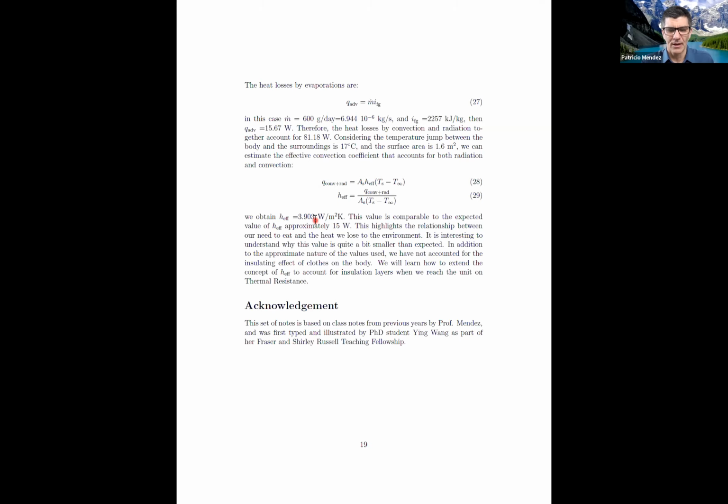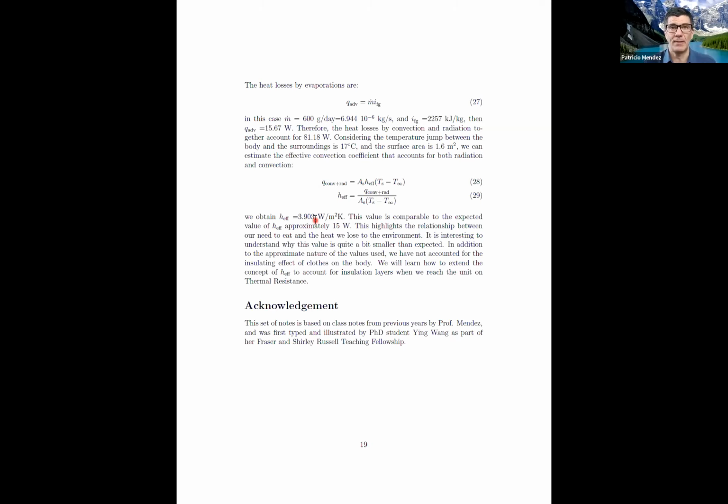Now, what number would we have expected? Well, we said natural convection is more or less 10 watts per meter square Kelvin. We said radiation near room temperature is of the order of 5 watts per meter square Kelvin. So very ballpark, I would have expected 15. And our calculation gave us 4.